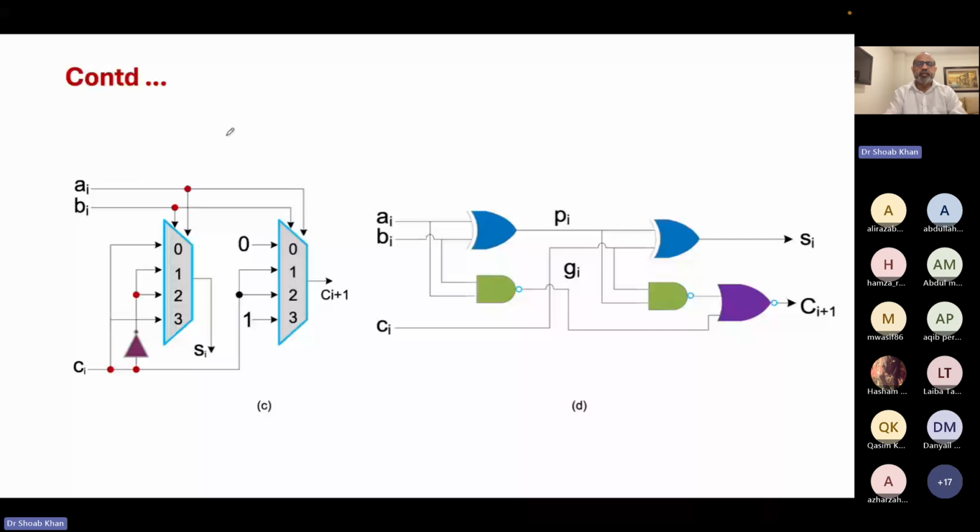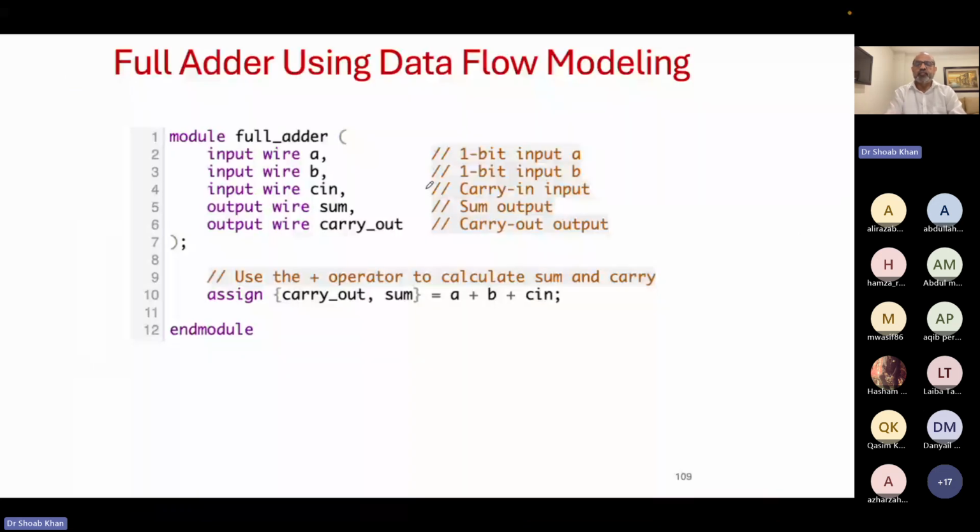But we would prefer to define a full adder using data flow modeling, where we say A plus B plus C in, and here is the carry out and sum. So this goes to sum and this goes to carry out. So you have A, B, C in as 3 inputs and 2 outputs. That's how we define a full adder.